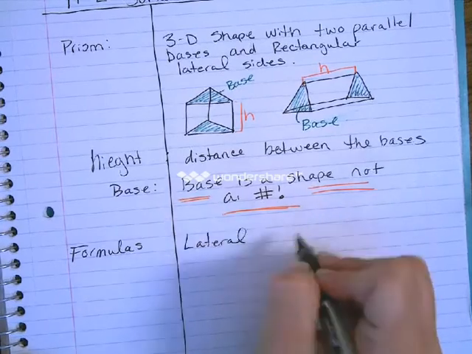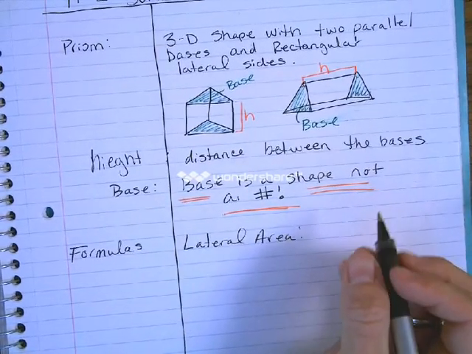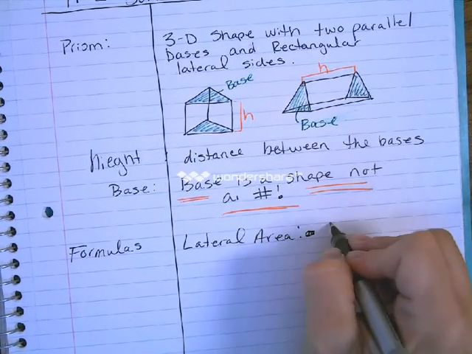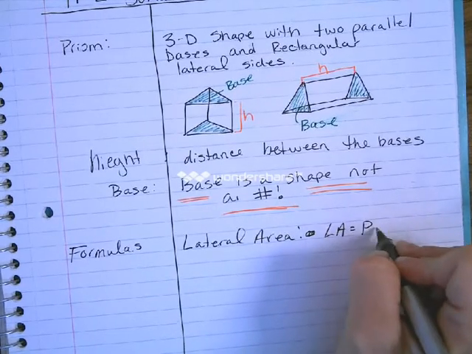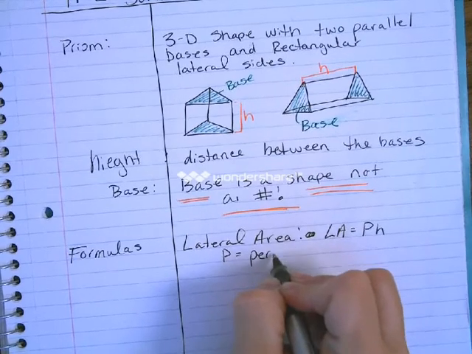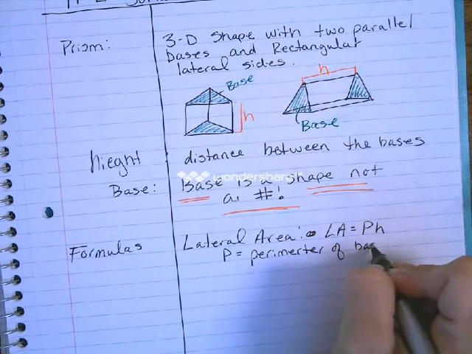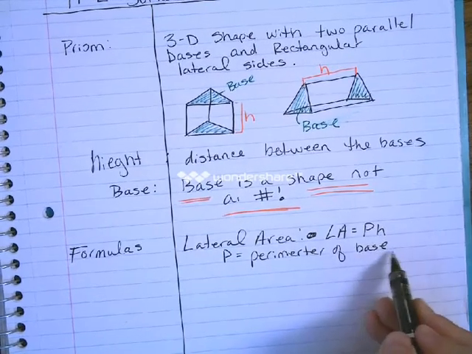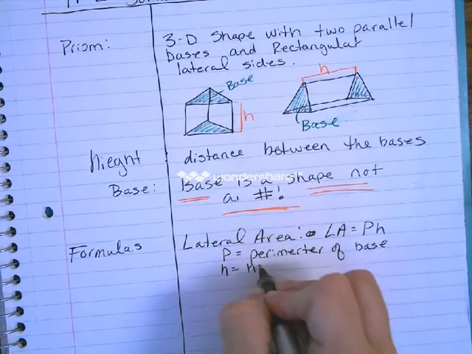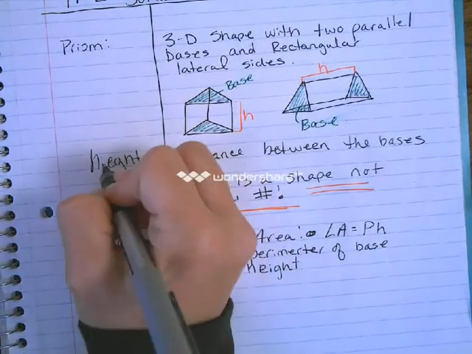Lateral area. Okay, the lateral area of any prism, we can say LA equals PH. The big P stands for perimeter of the base. So again, it's real important to know what your base is because that's what you're finding perimeter of. And the H is obviously height. Okay, and we've already talked about what height is.